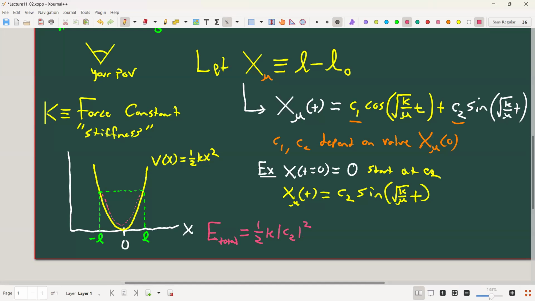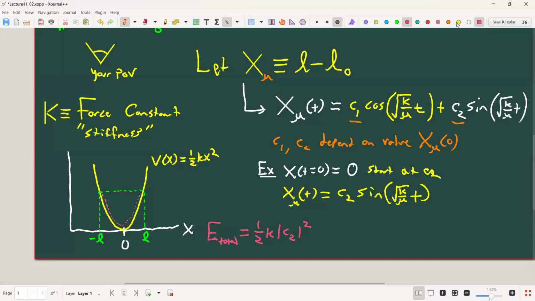You're displacing it farther from 0. So the total amount of energy is a function of how far you stretch it. As L gets bigger, the amount of energy you put in gets larger. So the total energy has to be related to the stiffness of the spring, but also the amplitude that you stretch it.